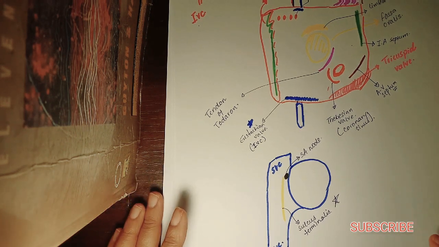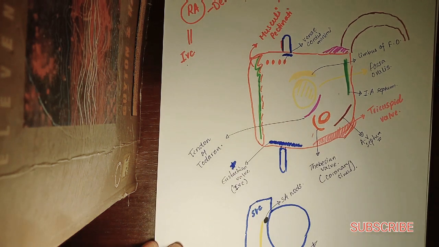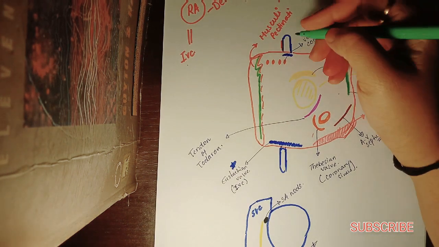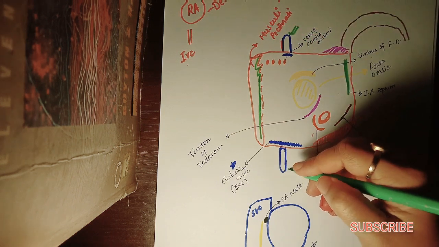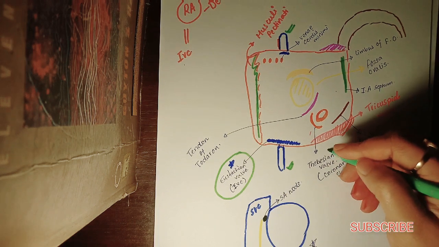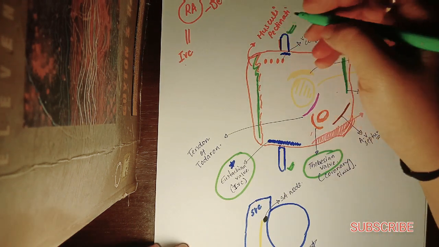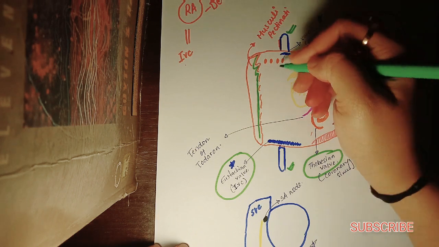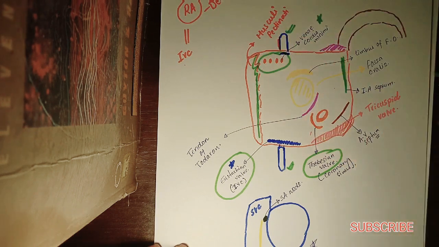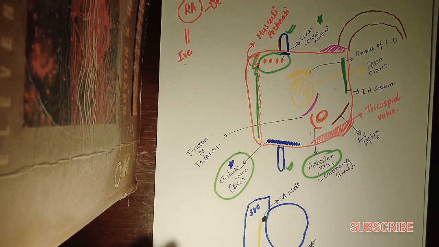What you have to learn about the right atrium is that it consists of the superior vena cava, inferior vena cava, their valves, the coronary sinus valves, and venae cordis minimae, an important vein. There are many different veins found in the right atrium, which I will show you afterwards.